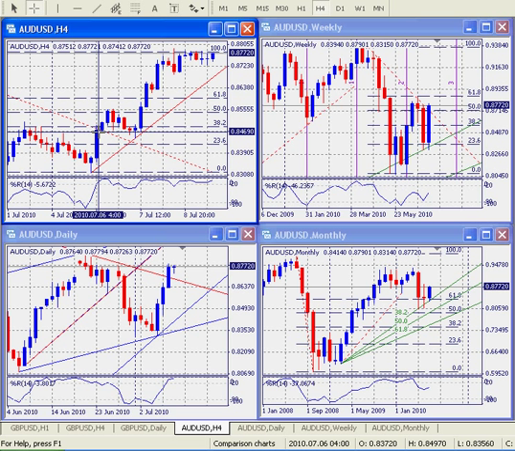It looks like it had touched a resistance line, and obviously the tendency is to move lower, which it did on a 4-hourly basis, and it has touched a 38% retracement level on the way up from a down movement.